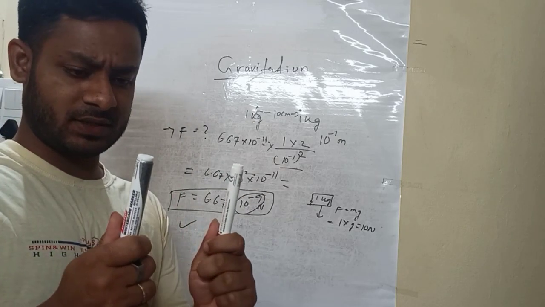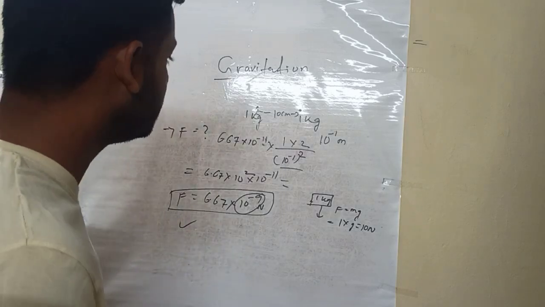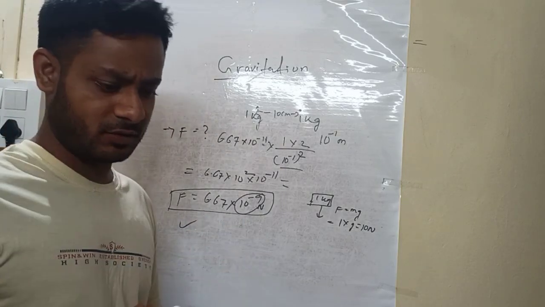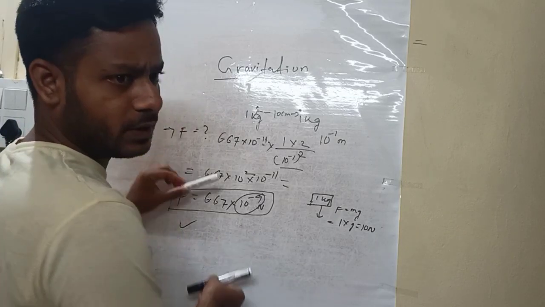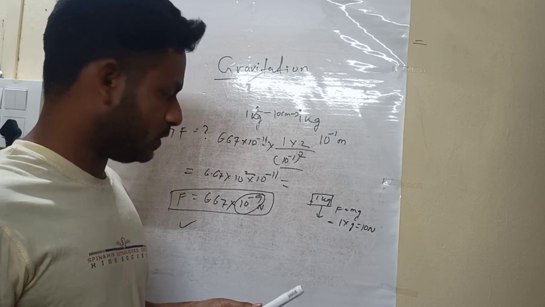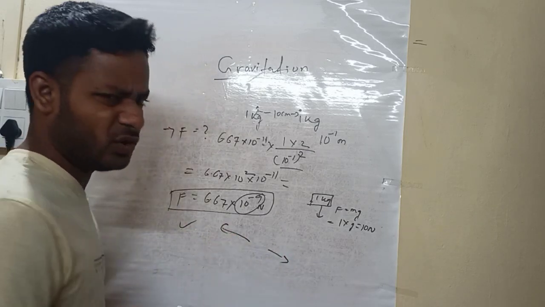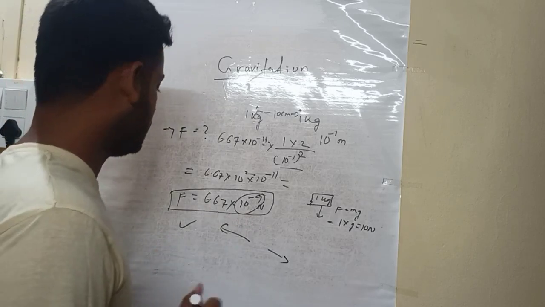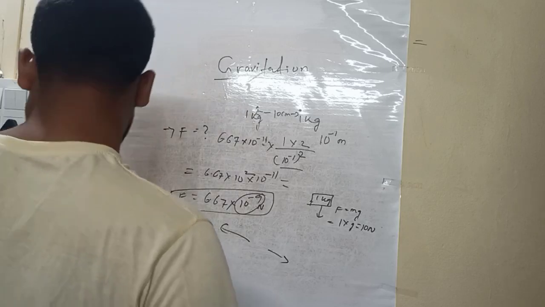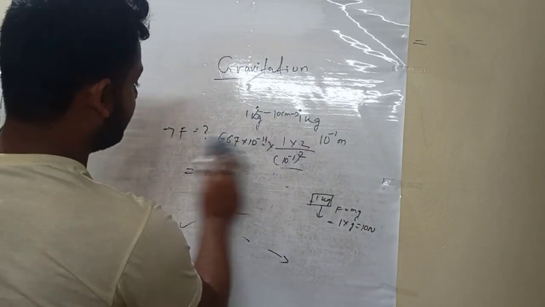If they are kept at a 10 centimeter distance, they will not attract because there is very little force. If two things are kept on the table, they will not attract because there will be some frictional force on this side. This is very little force, so they can't attract. Like this we can get this one, and we will get to know the points of force.